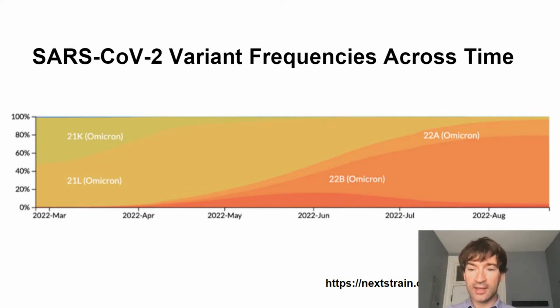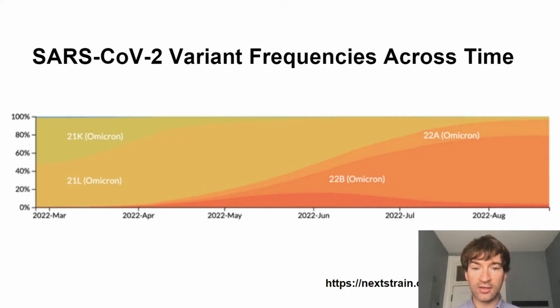One useful way is, as is done here, using this visualization from NextStrain. Across the horizontal axis, we have time, the last 6 months. And on the vertical axis, we have a variant frequency between 0 and 100%. You can see here that at any given time, there's a small number of variants that are the most predominant ones in circulation.